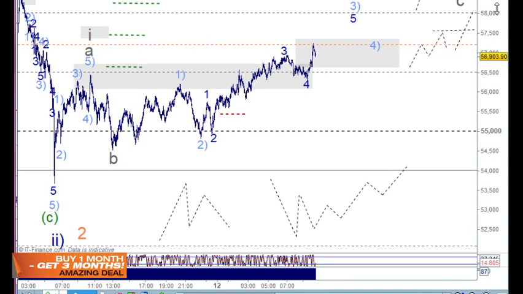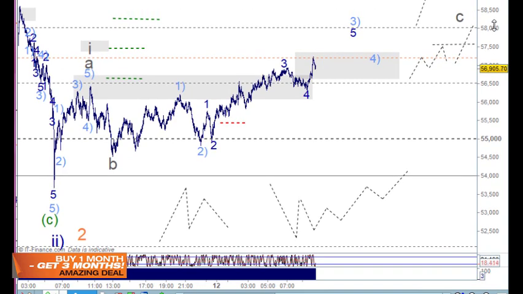Okay, so I'll leave it at that, but we just need to rehash this at the moment. So if the 56,500 from this point on becomes the retested resistance, then there's a bearish case for that. Also, you need to be mindful that this wave 4 can pull back to this wave 4. So you need to allow for a little spike through that, if that's going to be the case.